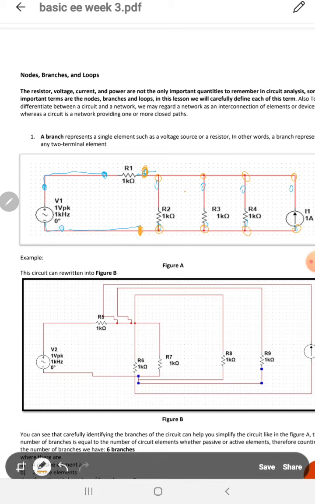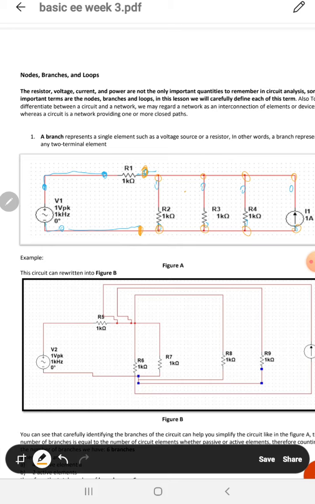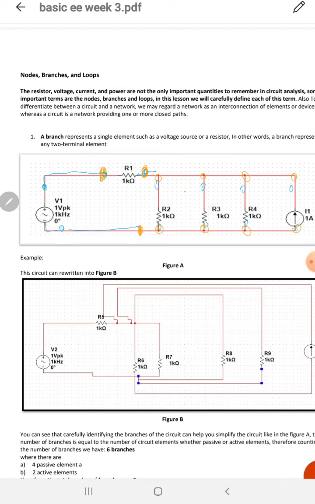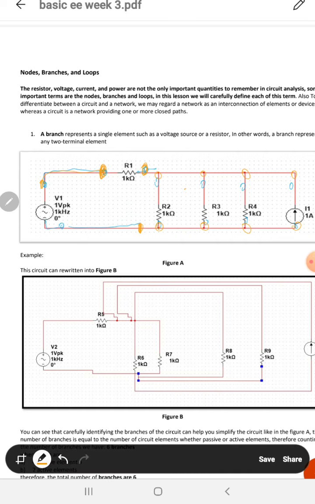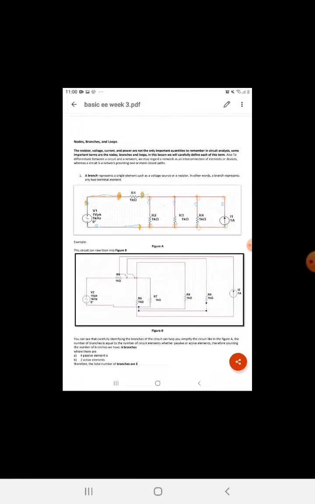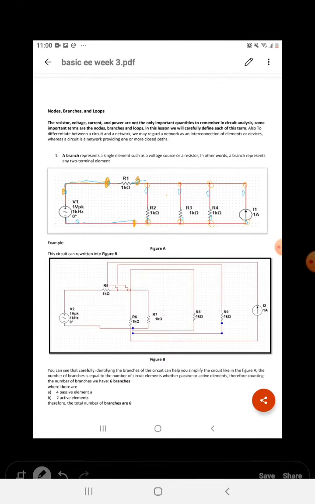So, mapapansin mo na yung R1 and yung V1 mo, nakakonect siya ng side by side. Which means, they are in series. Ito. Yung isang branch yan, yung terminal ng branch ng R1 at yung terminal ng branch ng V1, is connected. Okay? They are in what you call a series connected. Okay, next.